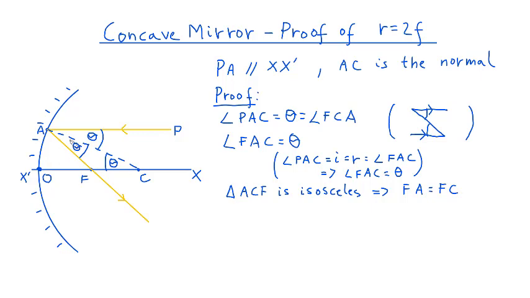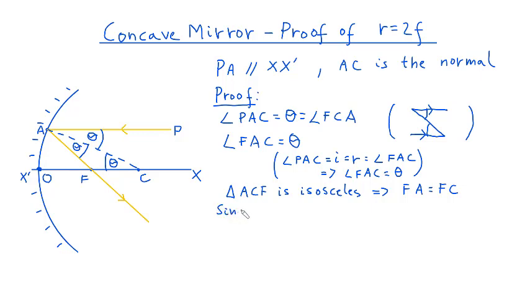Now, this point A, let us assume that it is quite close to point O, the center of the mirror. Okay, so we effectively are assuming that this light ray comes in and hits the mirror quite close to the center of the mirror. So let's write that.